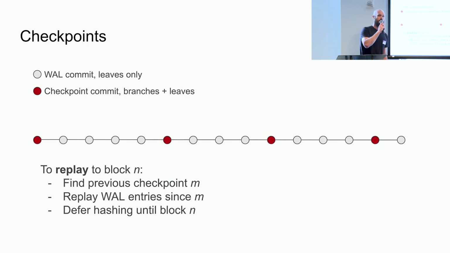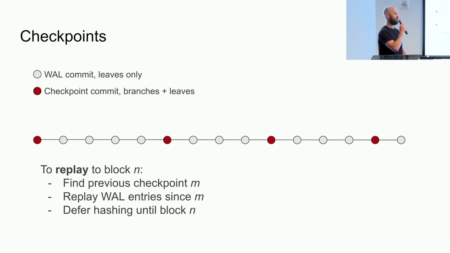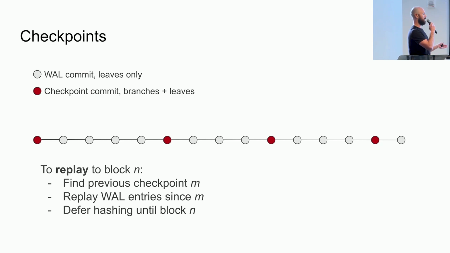If you know anything about video encoding, it works kind of the same way. I'm going to find the previous full snapshot, kind of. It's not really a snapshot, but I can load it from disk that way, and then just replay my WAL. So I feel like I've talked that to death now. Hopefully you kind of get it.